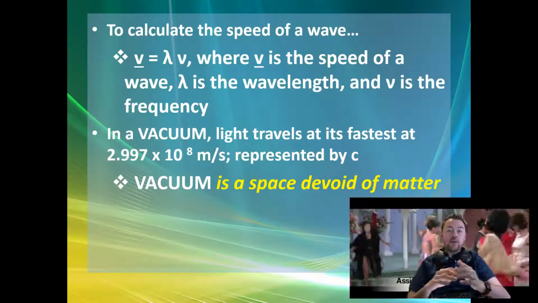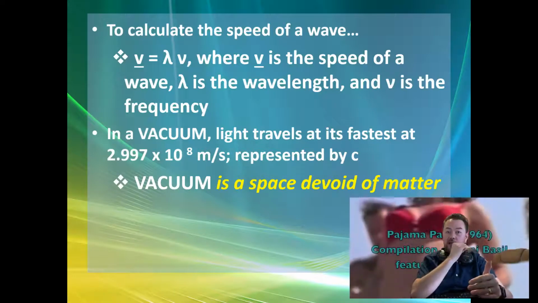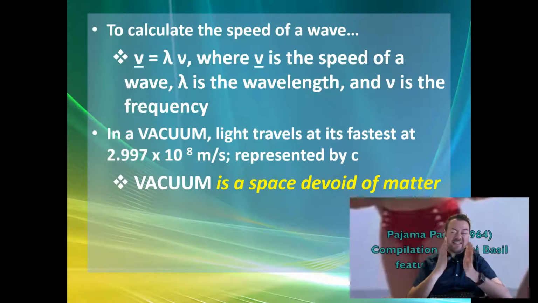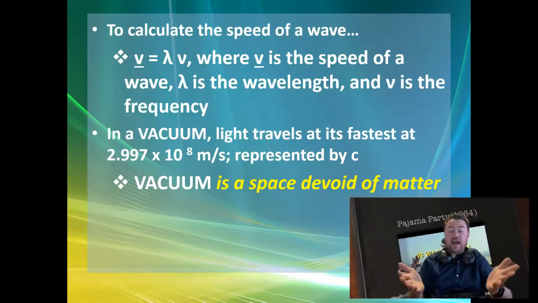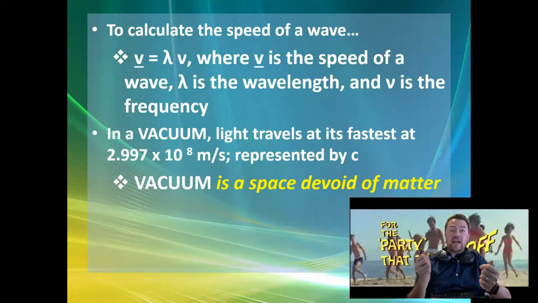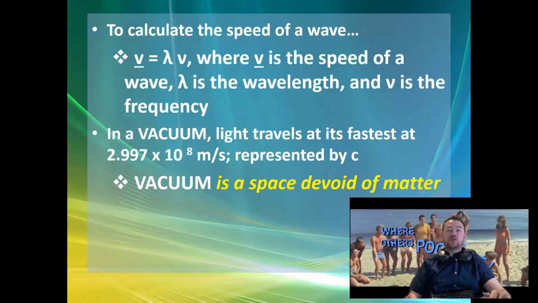In a vacuum, because there's nothing there to interfere with light traveling through it, light travels at its fastest speed possible. This is the fastest that anything can travel in this universe, and that is 2.997 times 10 to the 8th meters per second.